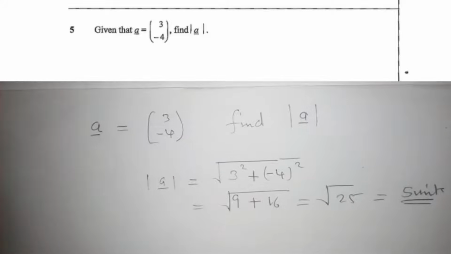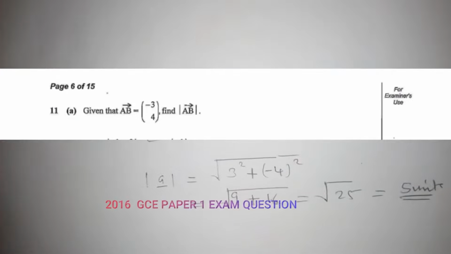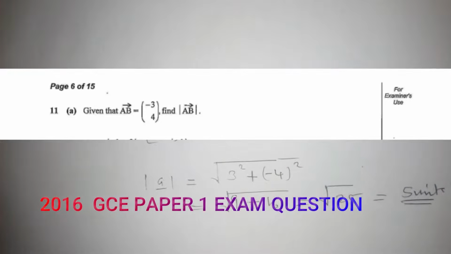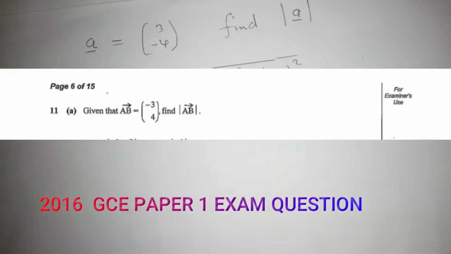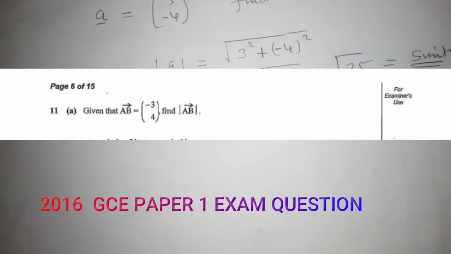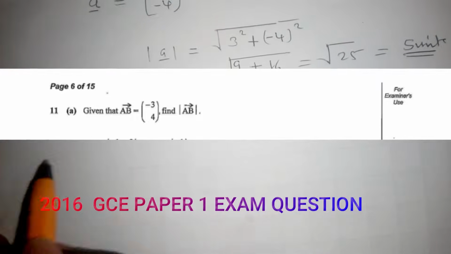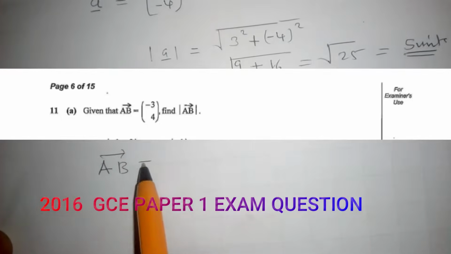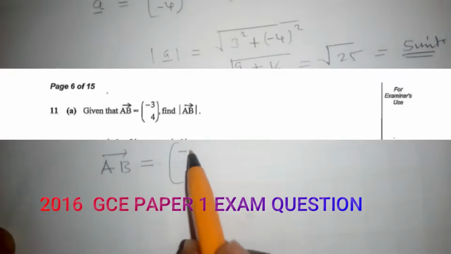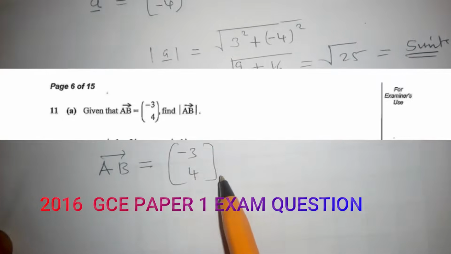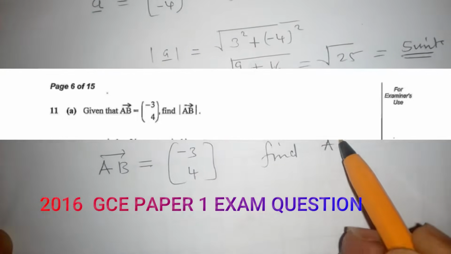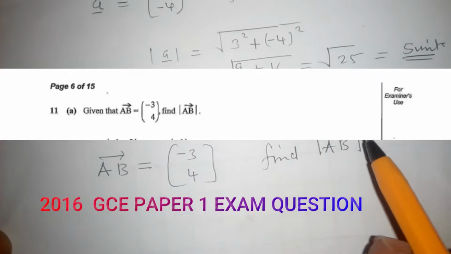Let's check another exam question. This one came in 2016. So here you are given vector AB, which is equal to -3, 4, and then they say find the modulus of vector AB.